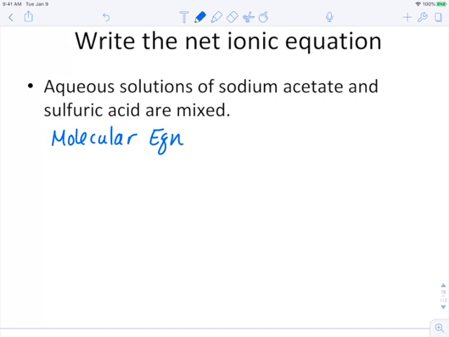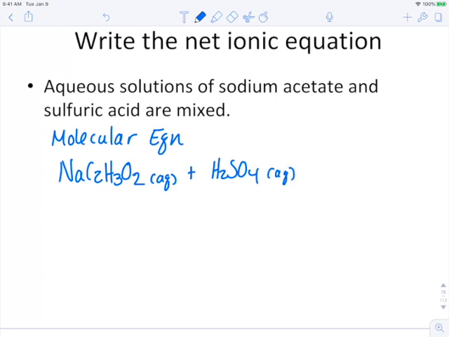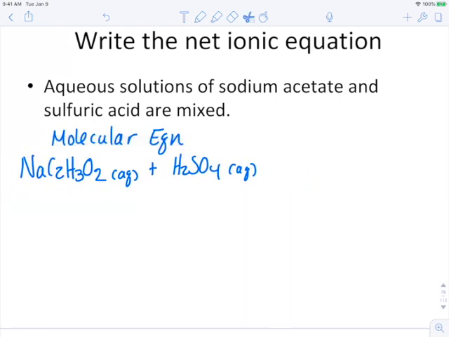All right, so we have our sodium acetate, which we're told is aqueous, plus our sulfuric acid, H2SO4, and this is going to react to form our sodium sulfate, plus our acetic acid, like so. All right, so any questions so far about how I wrote out that equation?